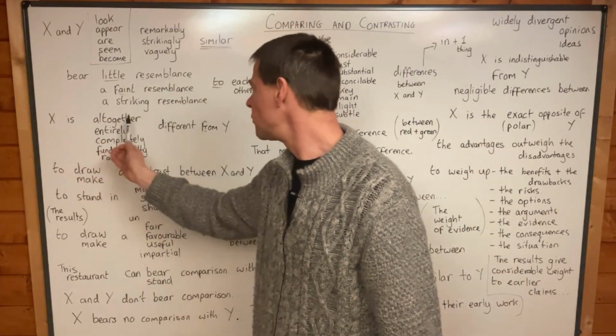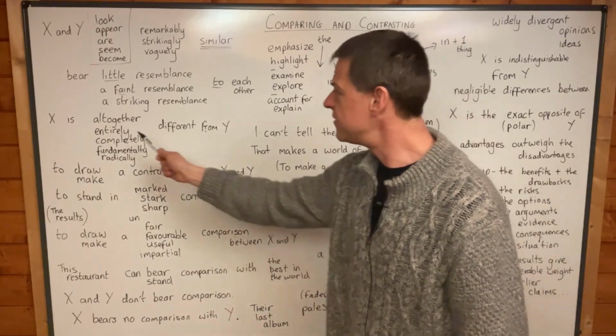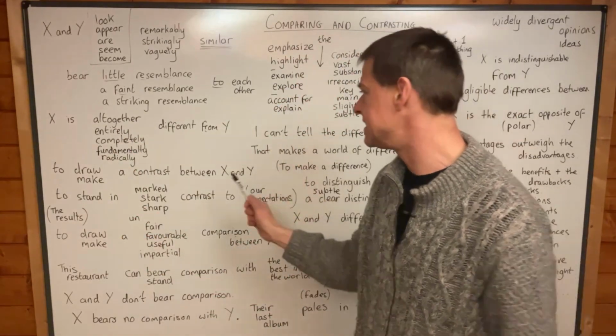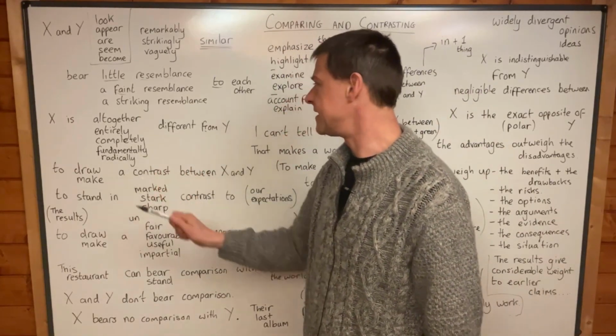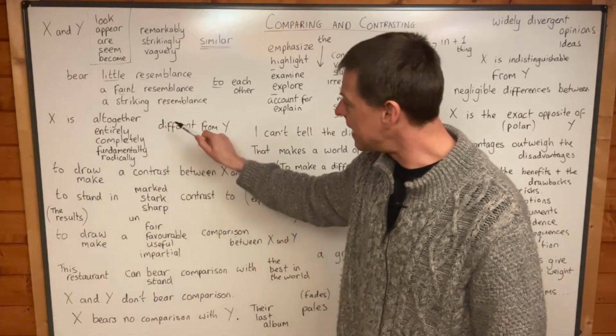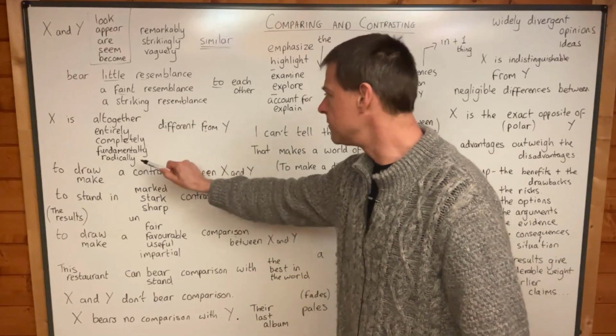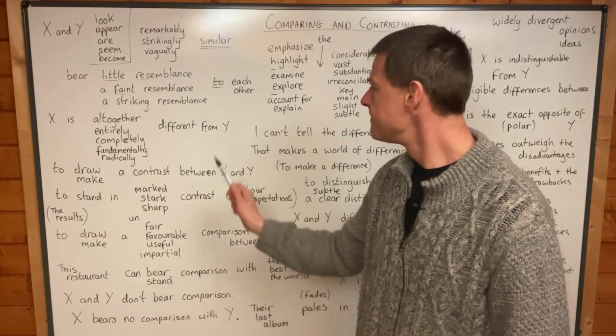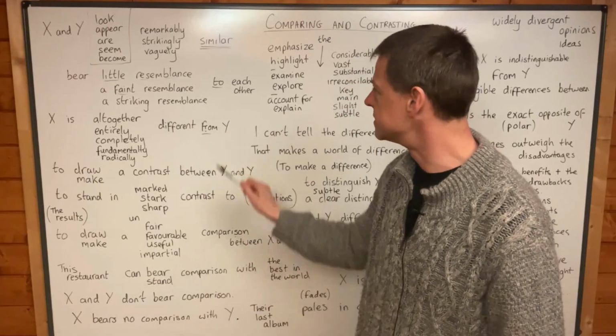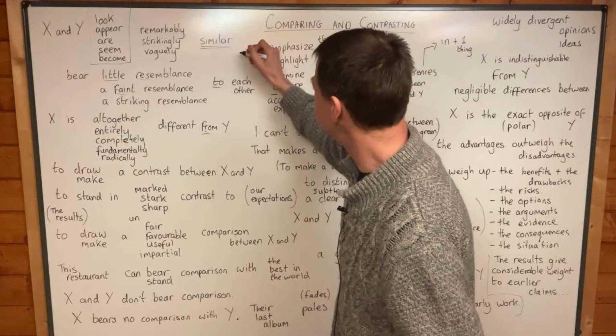Okay, what about X is altogether different from Y? This altogether different means completely different, entirely different, fundamentally different, or radically different. And all of those adverbs work very well with different. They collocate well with that adjective different. And it's the preposition from with different. With similar, it's always to.